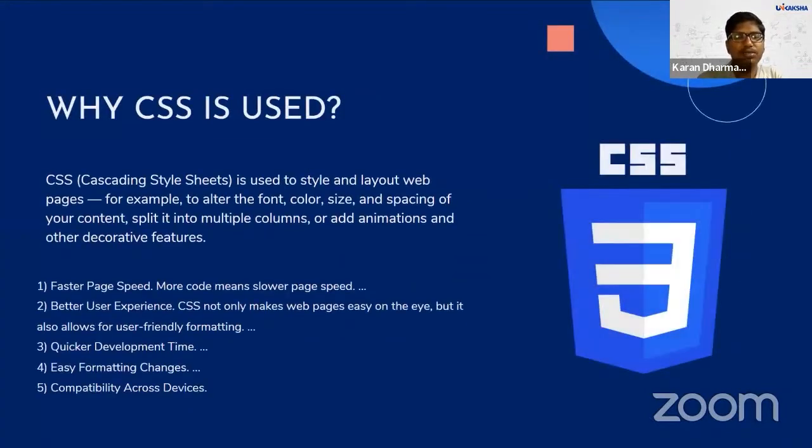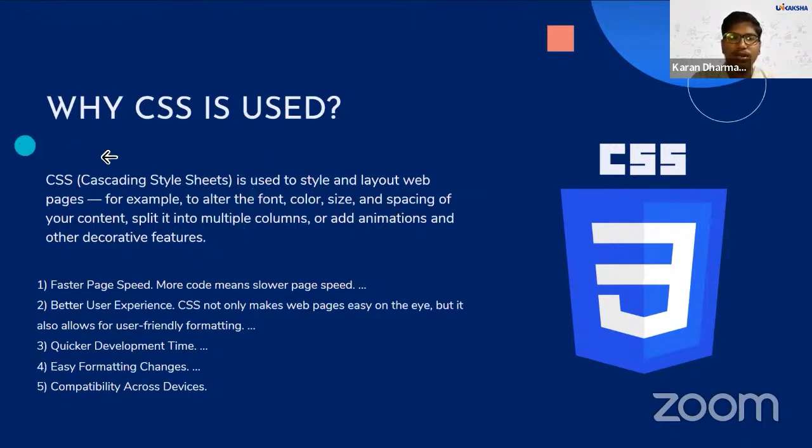Then CSS allows us to format everything. For example, let's take this slide for a moment. Using HTML, we will write all this text, this heading and this paragraph. The role of CSS is to determine the margin from the start to this heading, and from this heading to the next paragraph, the paragraph spacing, and the left to right spacing.